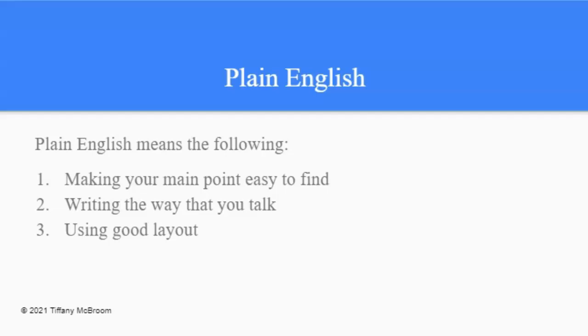You want to use things like headings, because headings and things that are underlined and boldface will draw the reader's attention to certain areas. It's important to draw their attention to the things you feel are important to convey. It's also important to use bullet points.